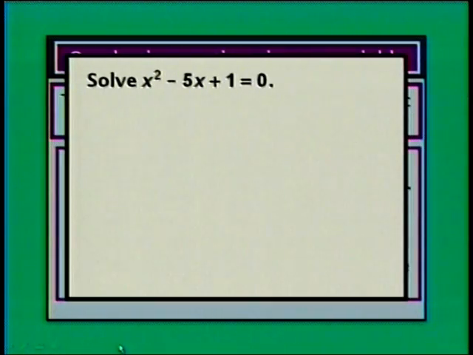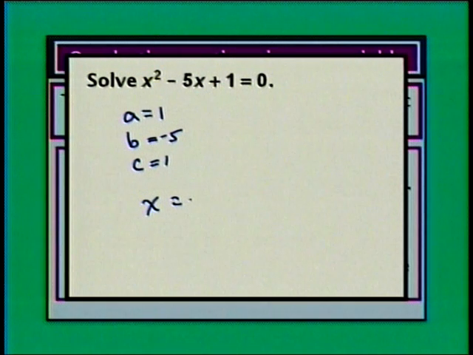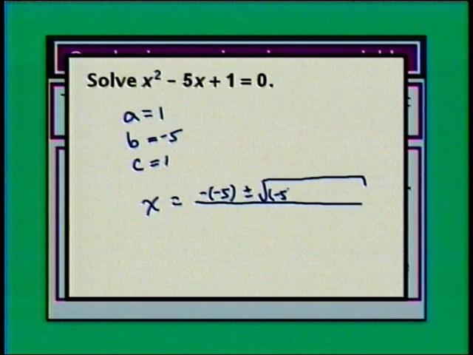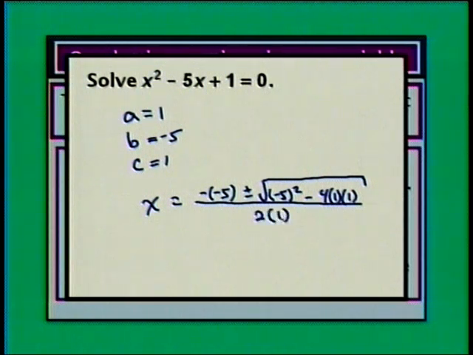Let's solve x² - 5x + 1 = 0. In this equation, our value for a is 1, our value for b is -5, and our value for c is 1. So our solutions are x equals the opposite of b, so that's the opposite of -5, plus or minus the square root of b², so that's the square of -5, minus 4 times a, which is 1, times c, which is 1, all over 2 times 1.